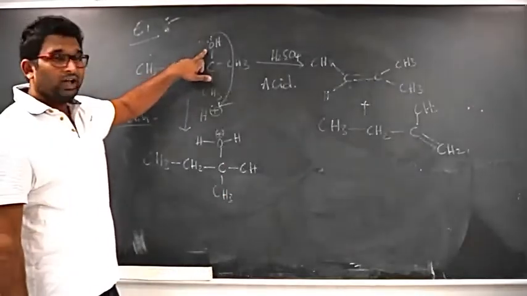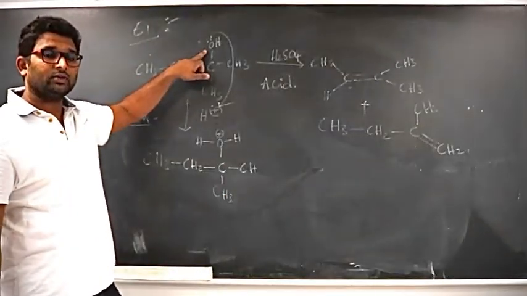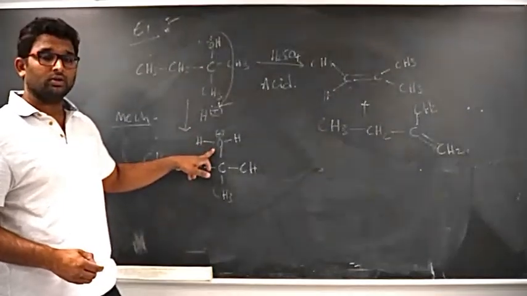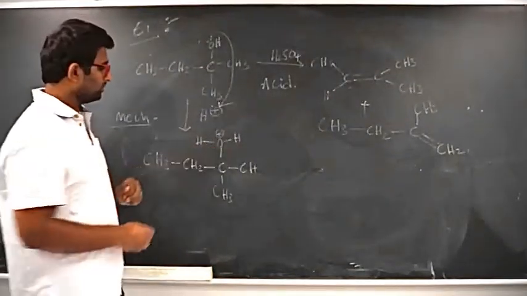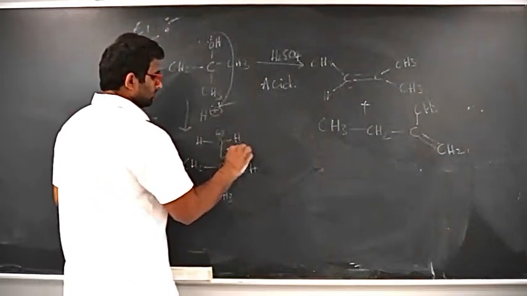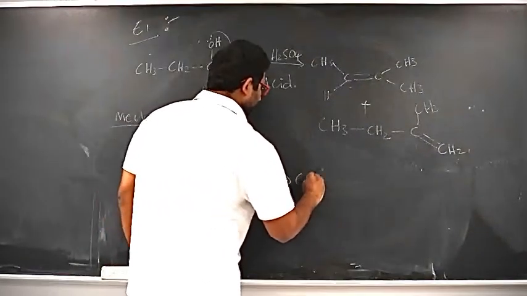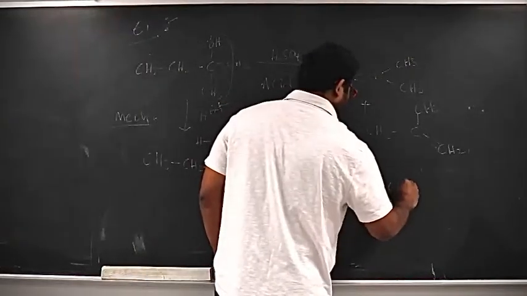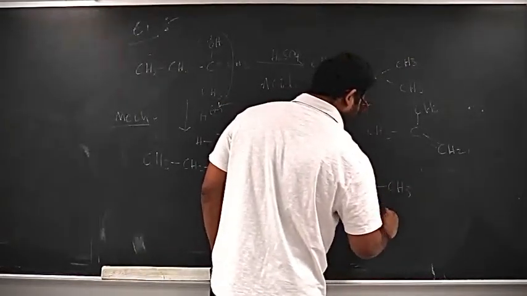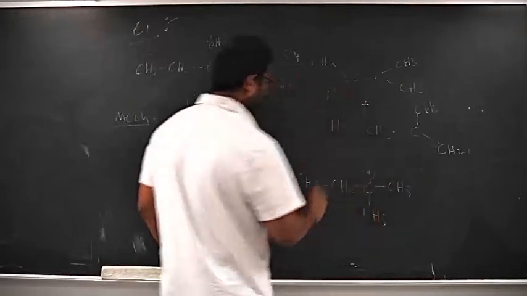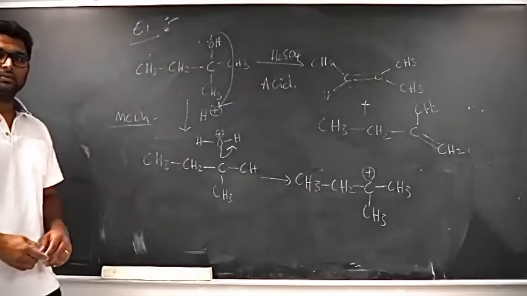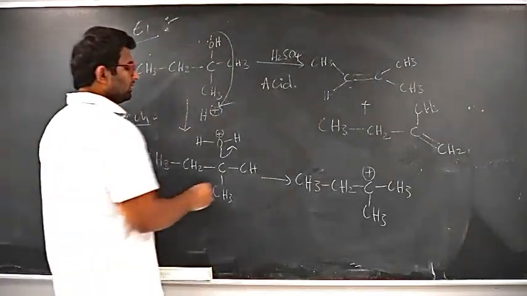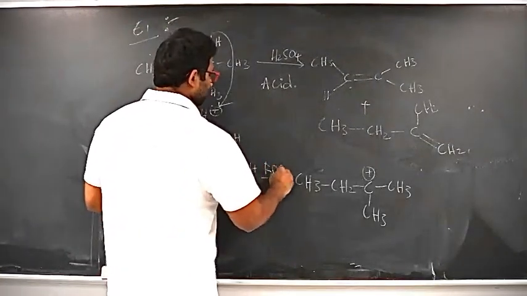Now here, the OH hydroxy groups are not good leaving groups, but water molecules are really good leaving groups. So we see the formation of a carbocation, and this is the rate determining step.